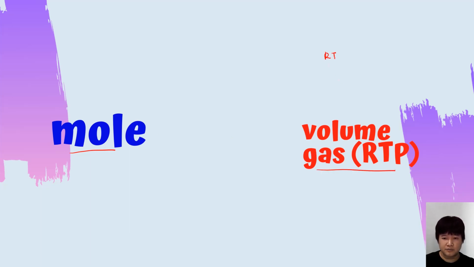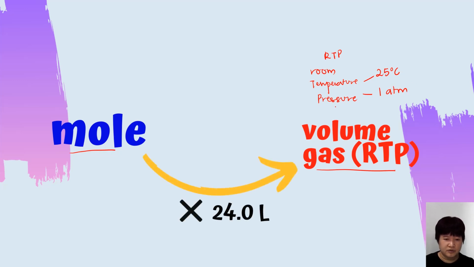The last conversion that we have is changing the number of mole to volume of gas at RTP. So RTP stands for room temperature and pressure. Room temperature and pressure equals 25 degrees Celsius and pressure remains at 1 atm. What makes it different is the value. 1 mole is equal to 24 liter.